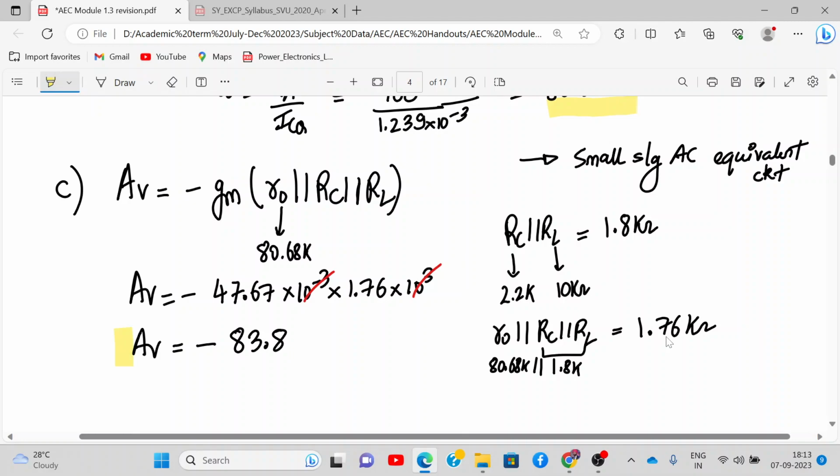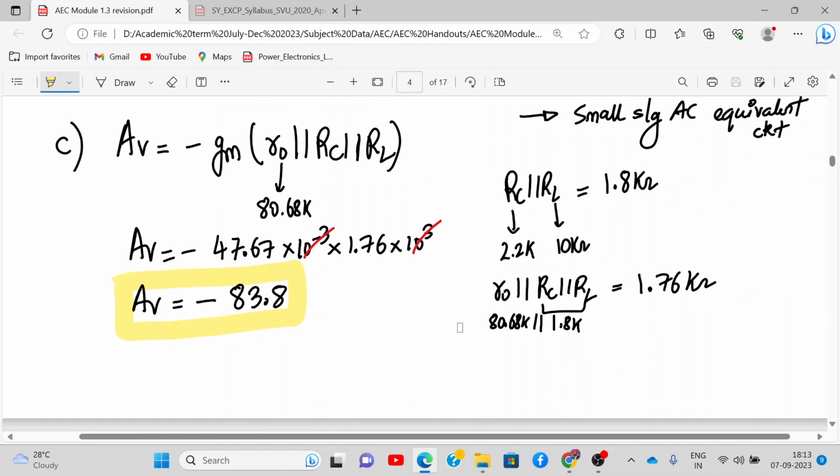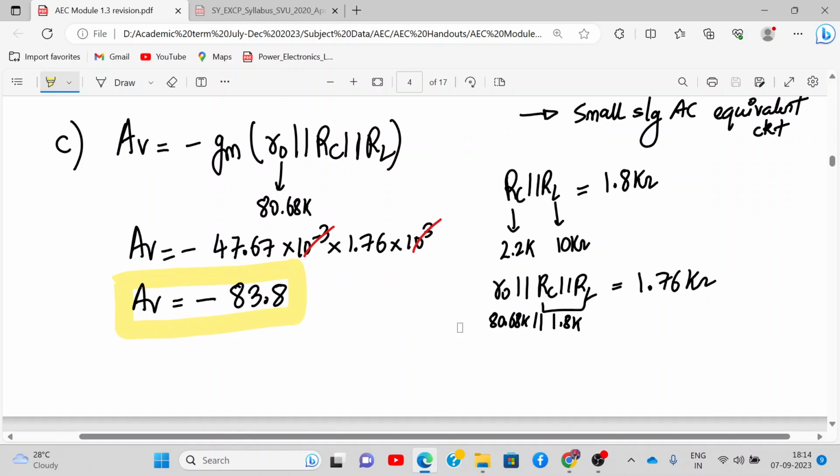Calculate the voltage gain. Actually, I should have started with Z in and Z out first, but it's okay. Always start with Z in and Z out. For voltage gain, it's fine; you can find it at the end. So you should get the voltage gain as minus 83.8. Got it?